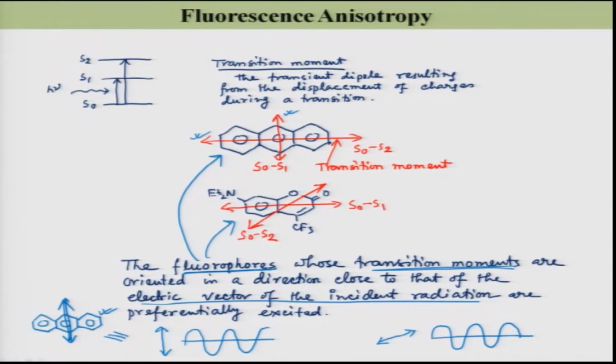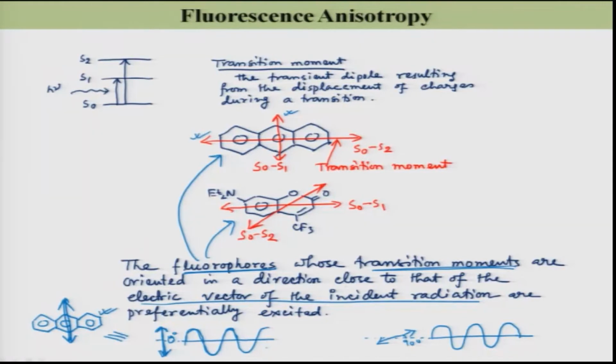Here you see this is 90 degree and here it is 0 degree. So, that is what I am telling here. The fluorophore whose transition moments are oriented in a direction close to that of the electric vector of the incident radiation.